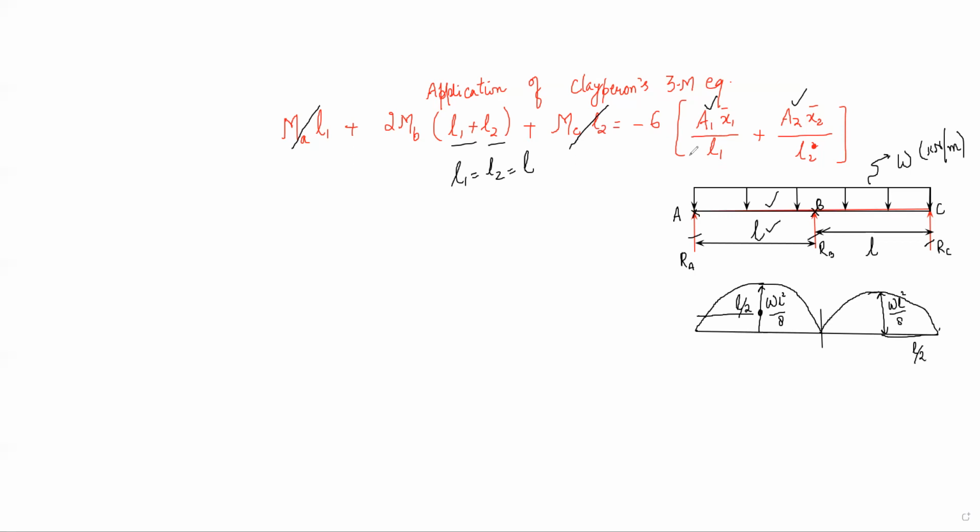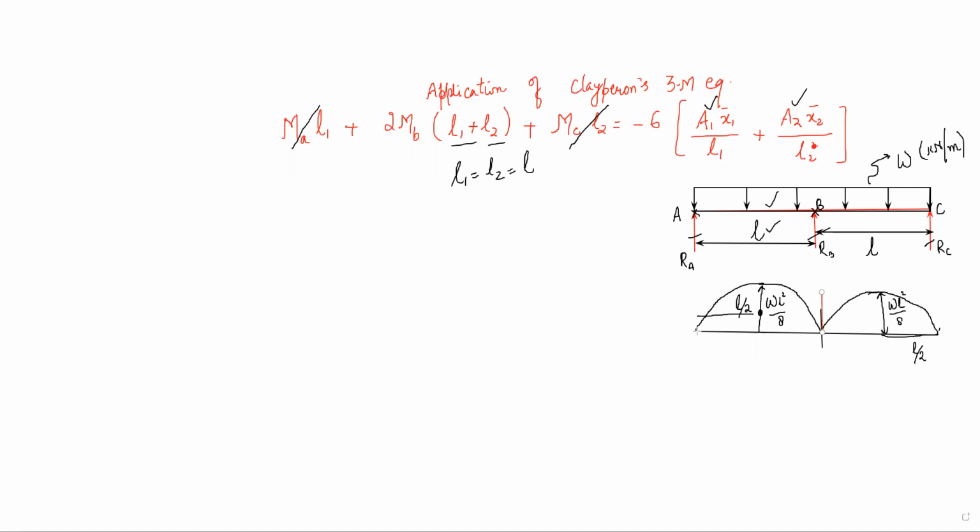Then we also draw what is known as the fixed moment diagram. We assume that the moment at A has some value, the moment at B has some value, and the moment at C has some value. Since the beam is simply supported at A and C, the moment at A is 0 and the moment at C is 0, but the moment at B is not equal to 0. It will have some value.